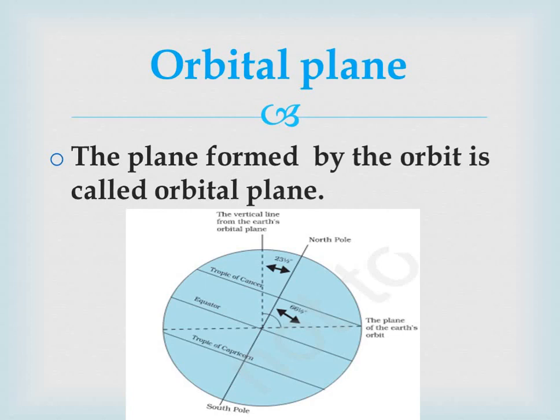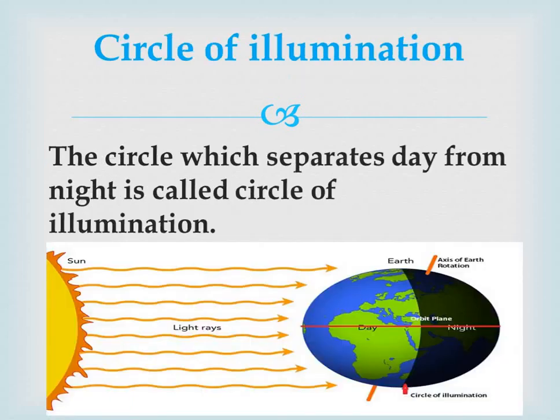So this is all about the orbital plane, the plane that is formed by the earth's orbit. Next is the circle of illumination, by which we can understand the formation of day and night also.